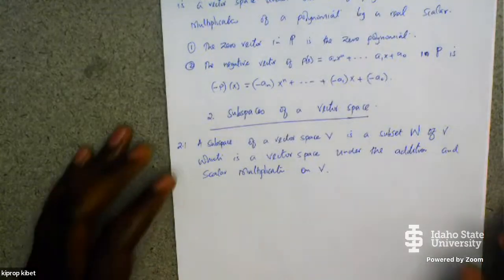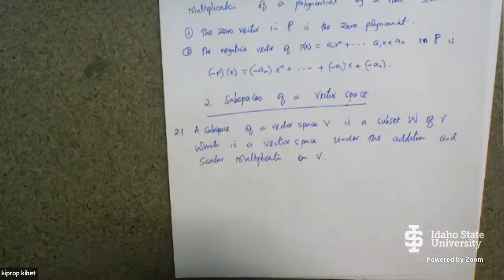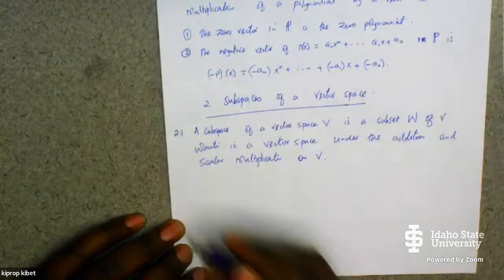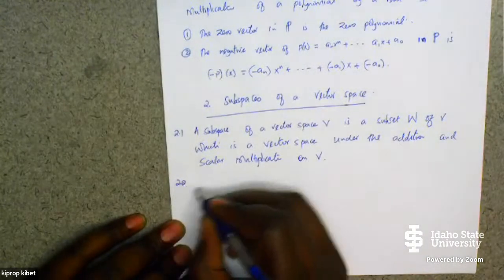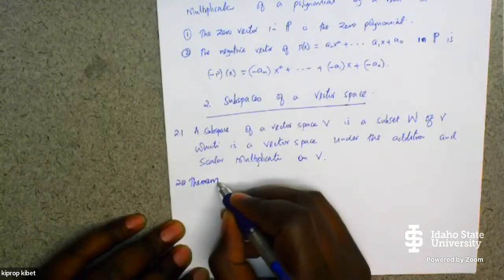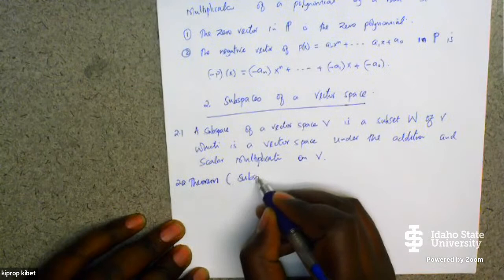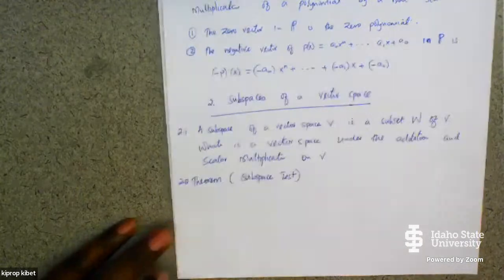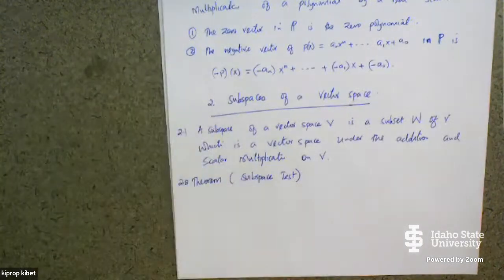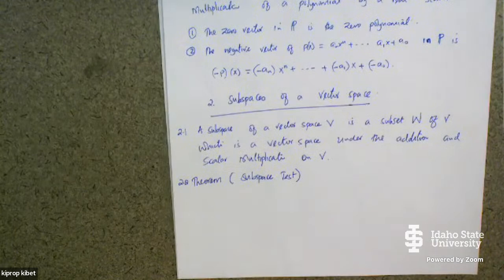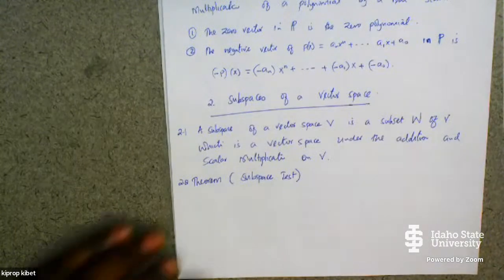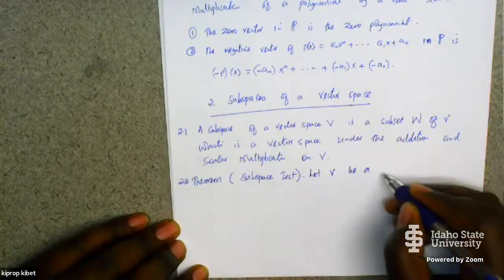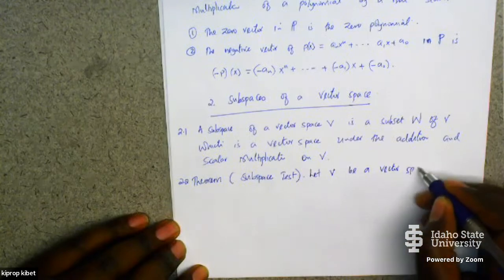Okay, now let's look at a theorem here, which is so important, and I think it is important we look at it. This is 2.2, and this is a theorem. This is what we call the subspace test. A subspace test. So it tests subspace. Now we let V be a vector space.